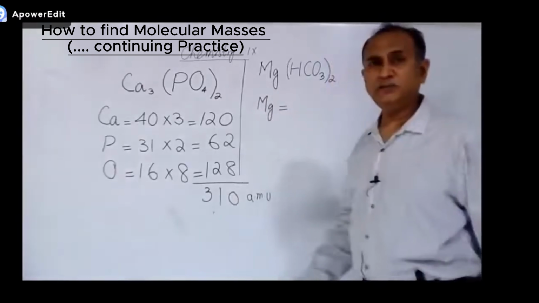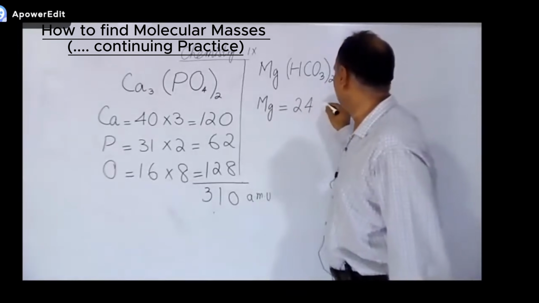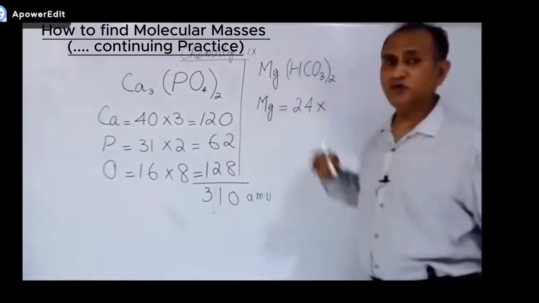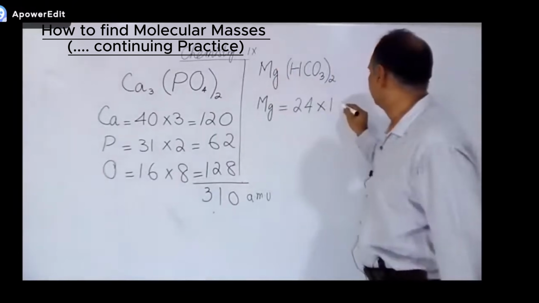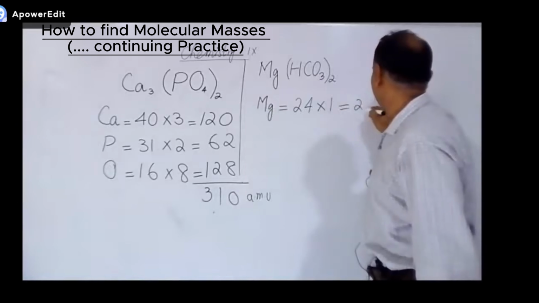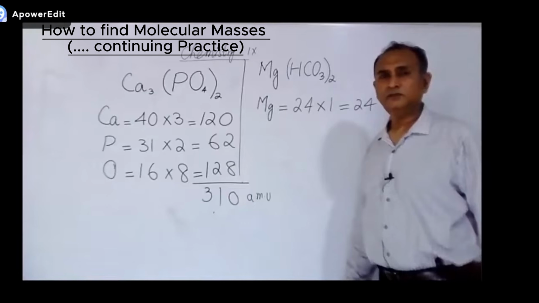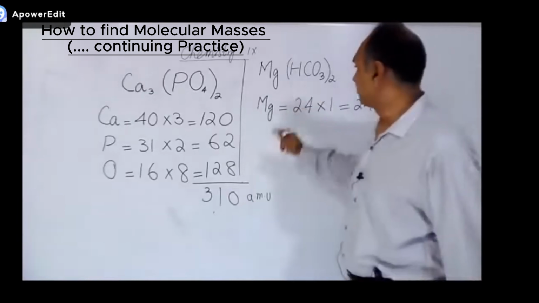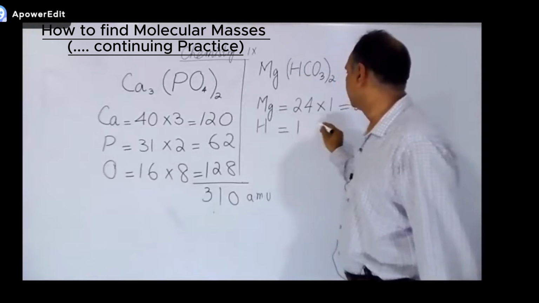What is the mass of 1 magnesium? 24, I told you. How many magnesium do we have here? Just 1.